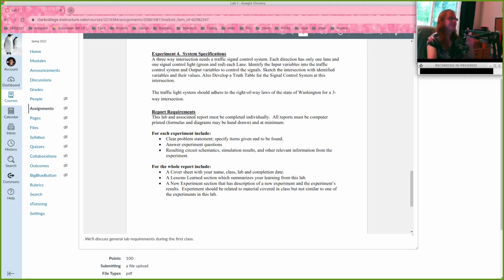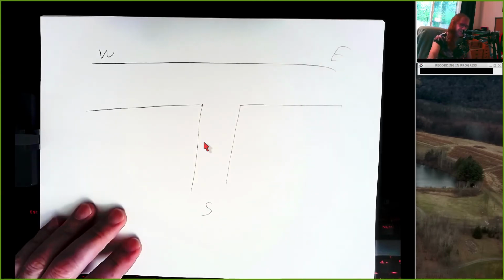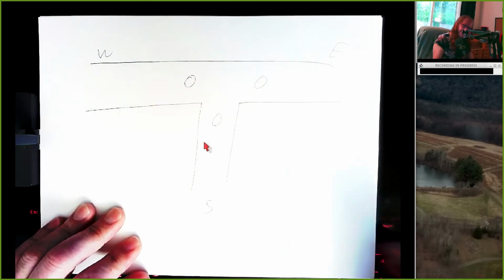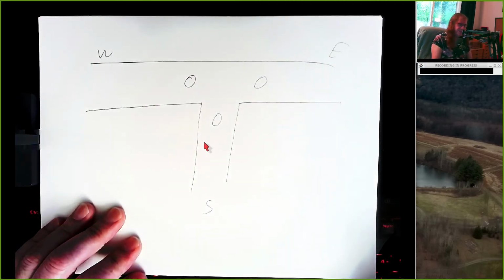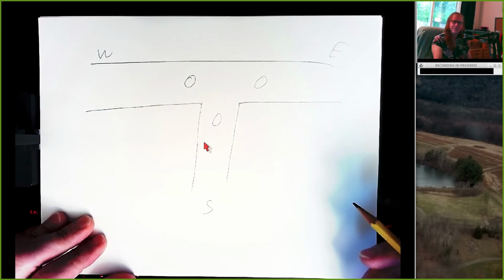Alright, so we have a 3-way intersection. Each direction has one lane controlled by one signal. So this is a really simplified intersection. We have a light here, a light here, and a light here. And we're not thinking of 2-way traffic going down the road. We're just thinking of one car can be on a section of road at a time.